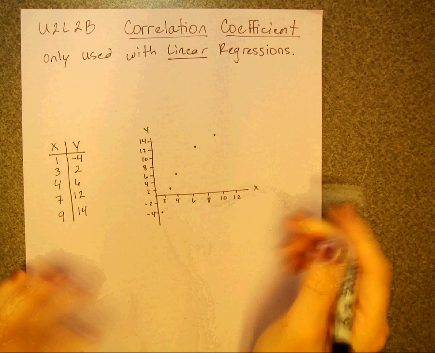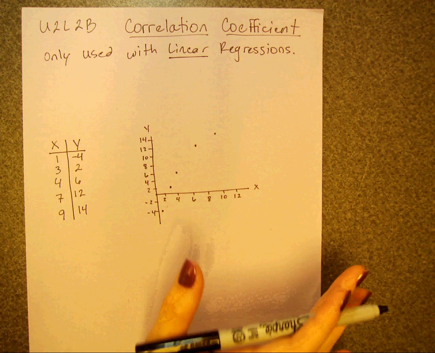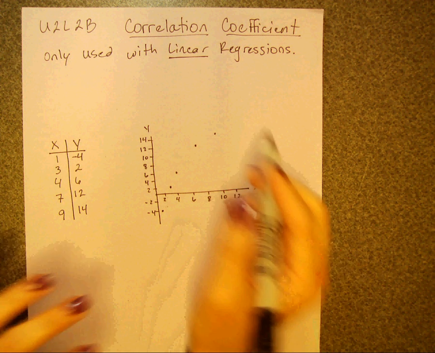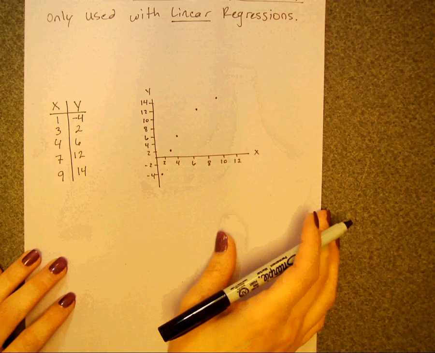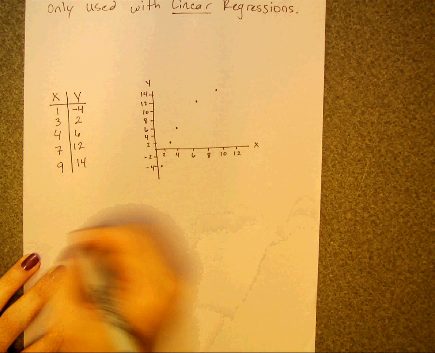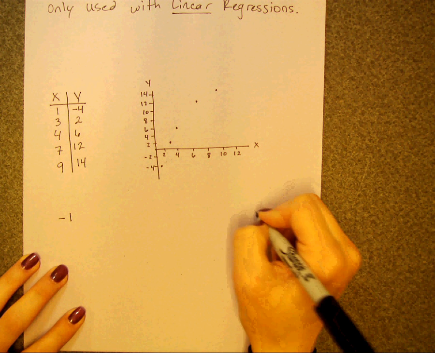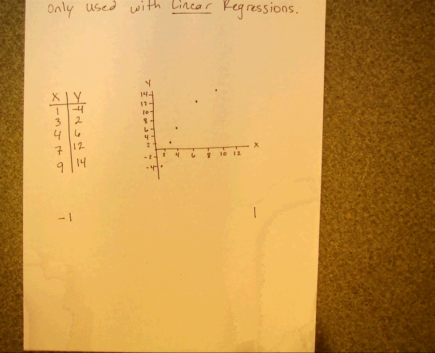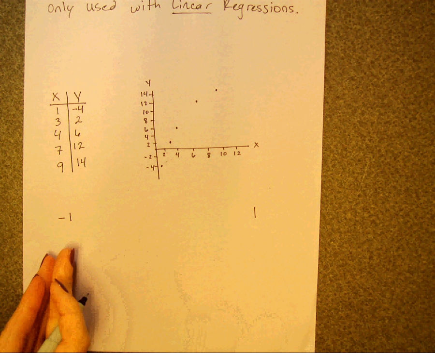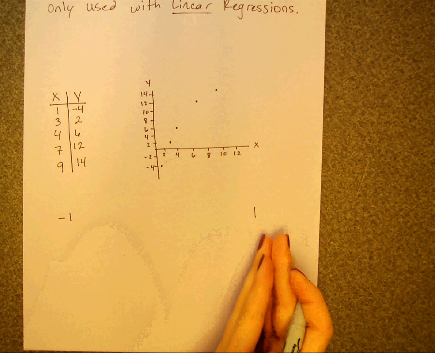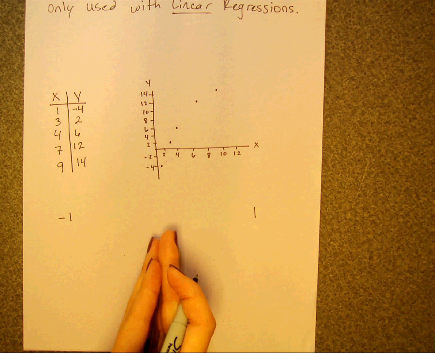All right, so I already have this data set up here, and we have a scale for our linear regression. We'll come back to this example in just a second, but the scale goes from -1 to +1. If you recall the types of correlations, we could have a negative correlation, a positive correlation, or really no correlation at all.